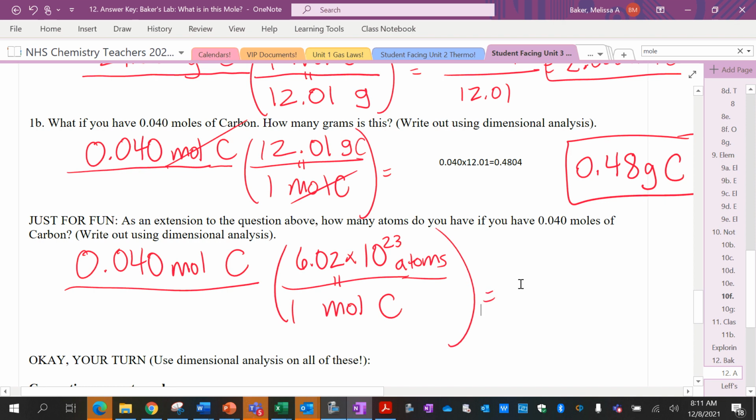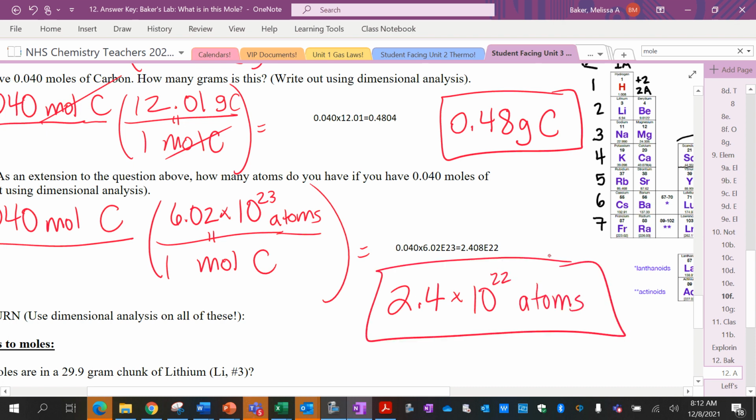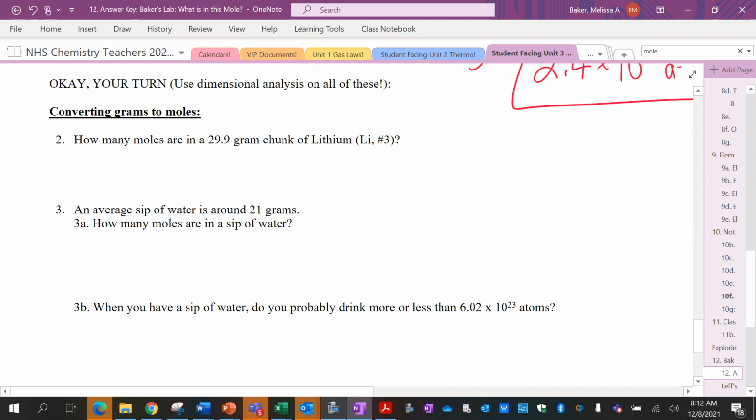So let's see, 0.040 times 6.02 E23. That's 2 significant digits now. So 2.4 times 10 to the 22nd atoms. Okay, your turn. Dimensional analysis on all of these.